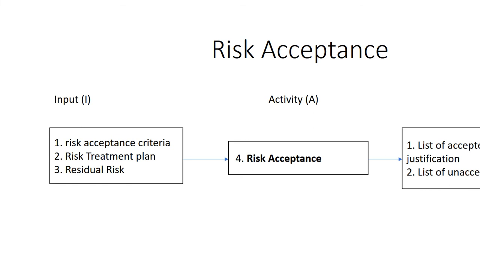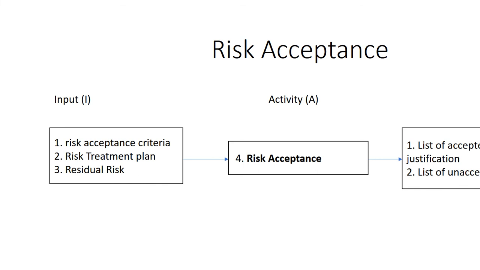Now if we are satisfied with the risk treatment option, and you successfully apply one or more risk treatment options to the risk, and the residual risk can be accepted based on the risk acceptance criteria, then we go for risk acceptance. The risk acceptance criteria might be more complicated than simply checking whether it is below or above a threshold value.